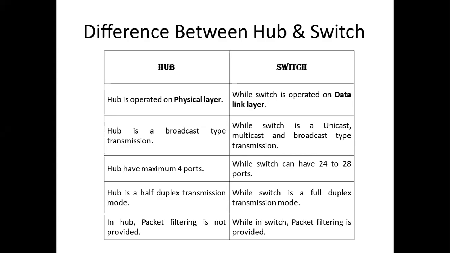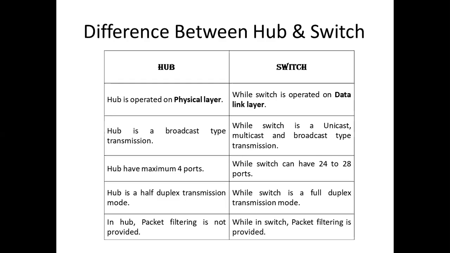The key difference is that in broadcast, the packet is delivered to all the hosts connected to the network, whereas in multicast, the packet is delivered only to the intended recipients, the ones who are supposed to receive it. So hub supports broadcasting while switch supports any type of transmission.